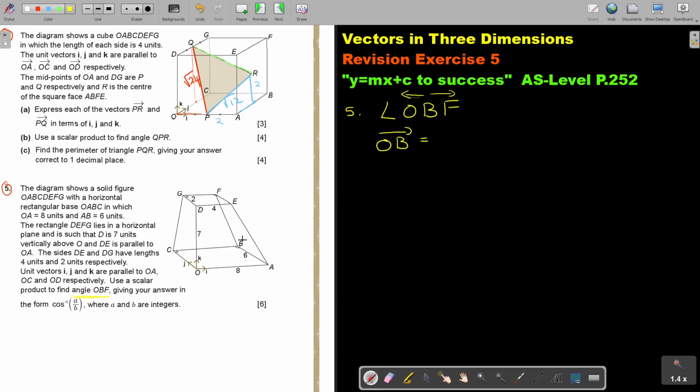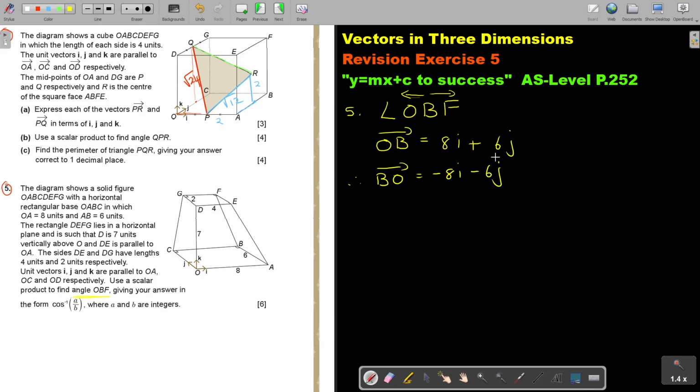So OB, it's not on top, so it's just going to be 8I plus 6J. But I want BO, so therefore BO is just changing the direction, so minus 8I minus 6J.